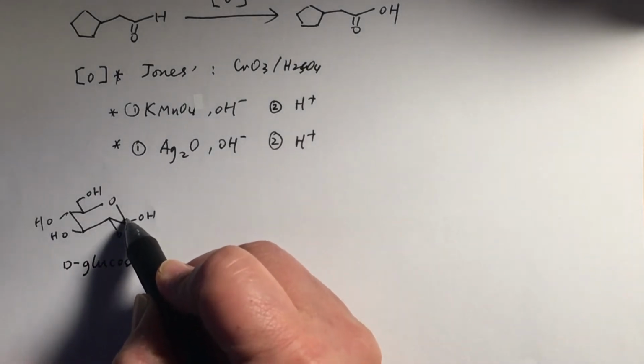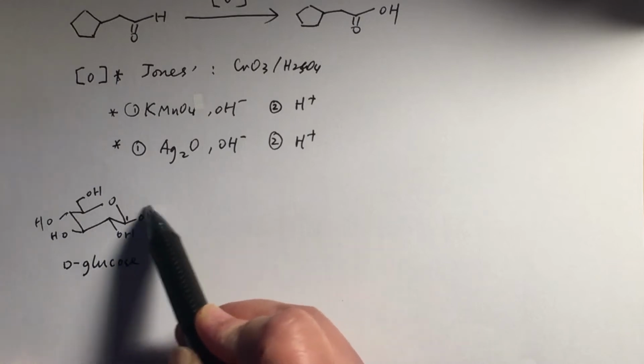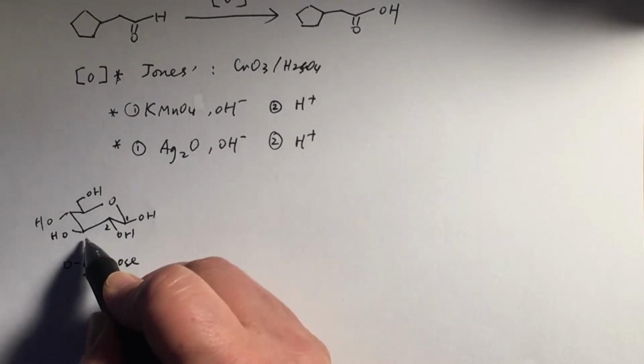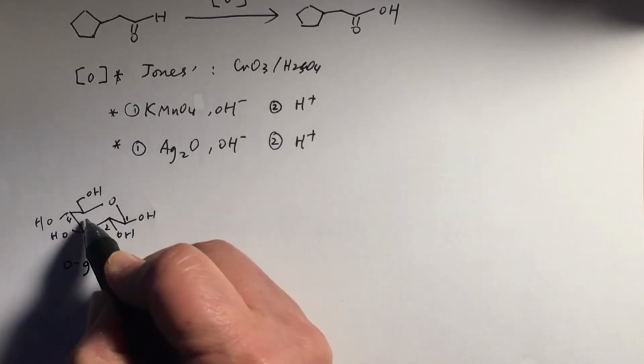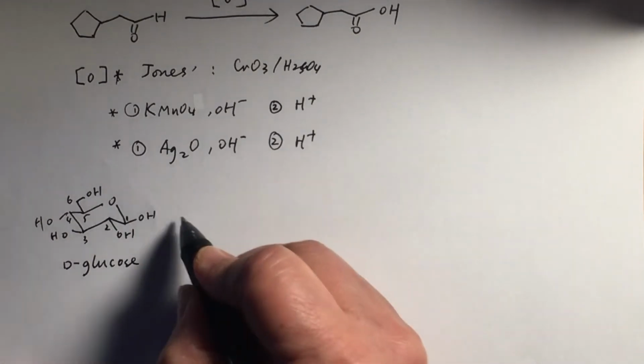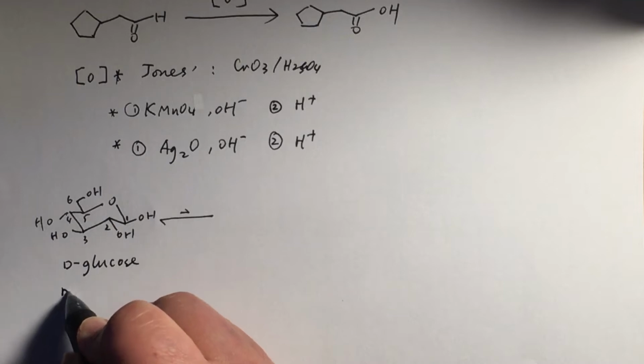So carbon number 1 is a hemiacetal. It bonds with a hydroxide and an alkoxide. Okay, if we finish up our numbering, this is D-glucose. And D-glucose is a reducing sugar.